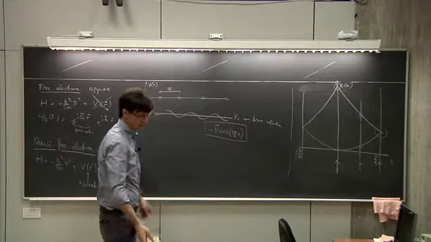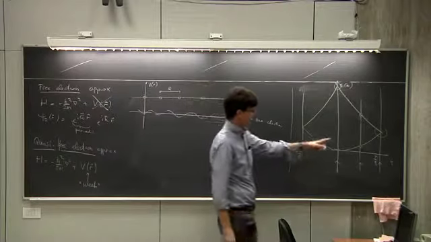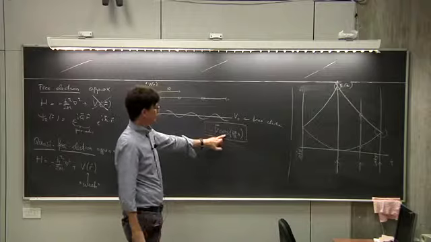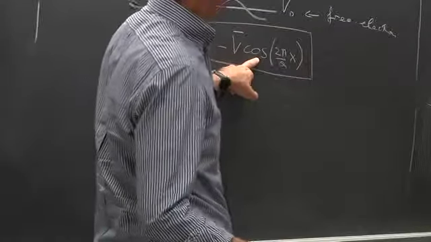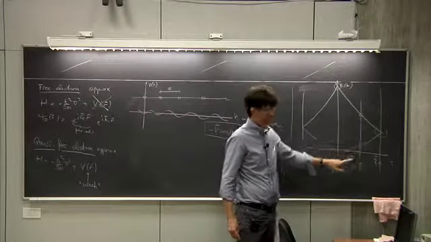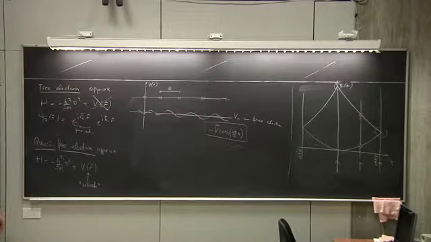So let me do first the simplest case, this one, okay? I am here, and I want to know how much my energy here is going to be changed, for example, if I switch on a small perturbing potential.